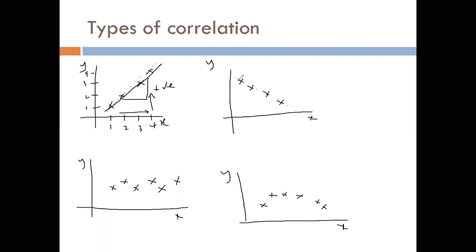Now, in this plot, which is figure 2, if we are to fit a straight line to these points, a line of best fit, and find the slope, we'll get a negative slope or a negative gradient.